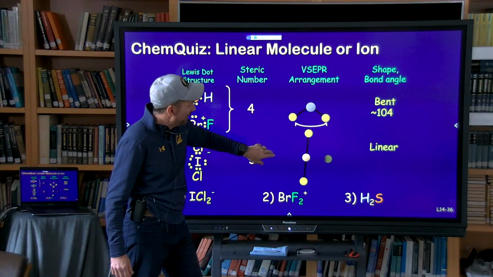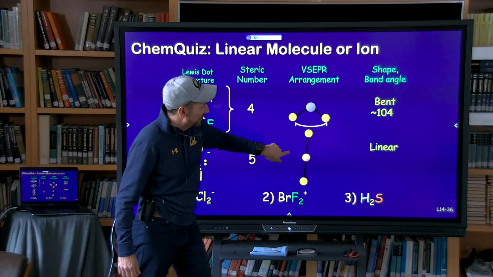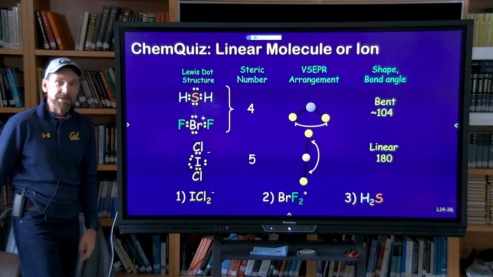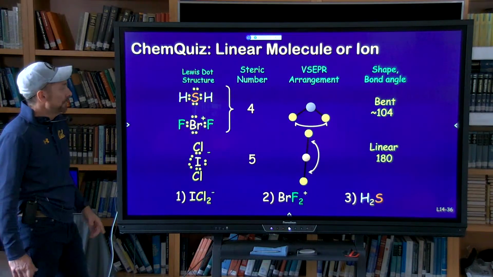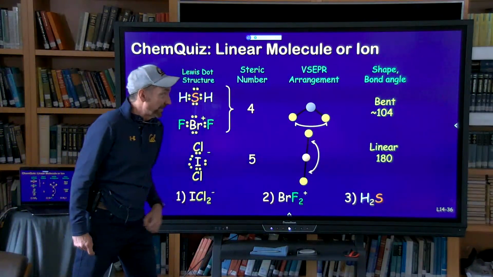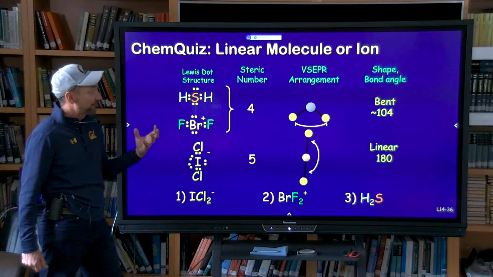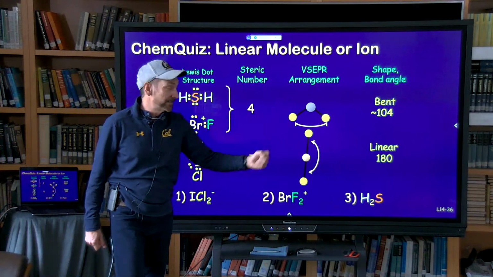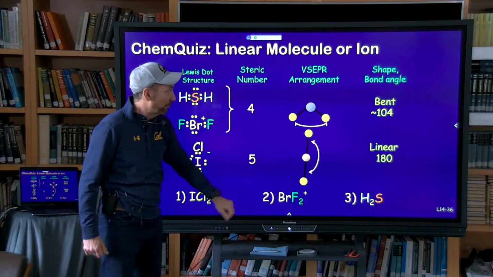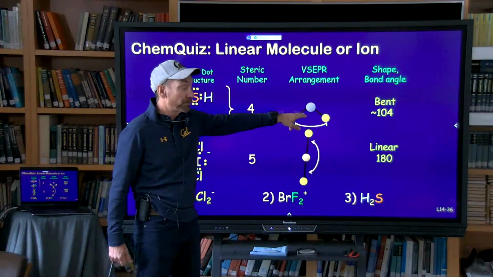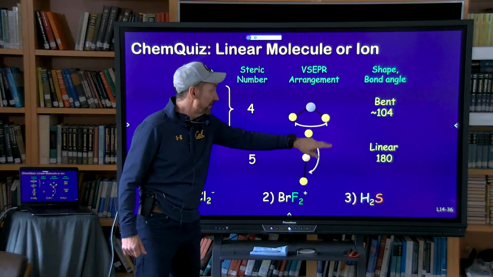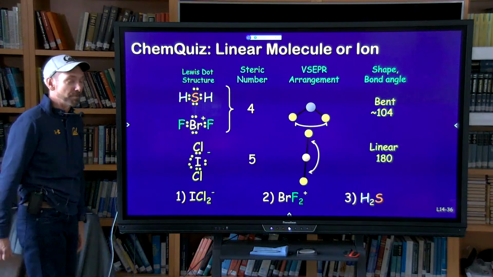This molecule is linear, with a 180-degree bond angle. That's the kind of analysis that takes us from Lewis structure to shape and to dipole. This one has no dipole moment because it's perfectly symmetric. This one has a dipole moment because each bond has a dipole moment.